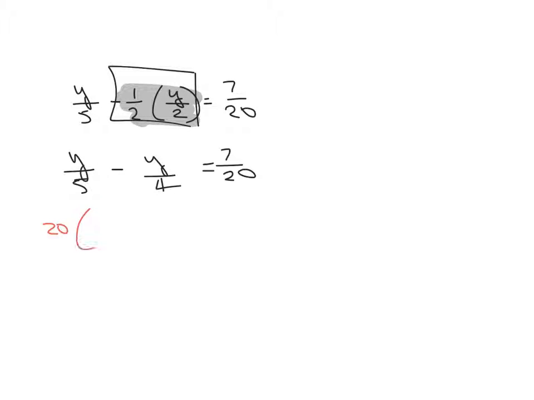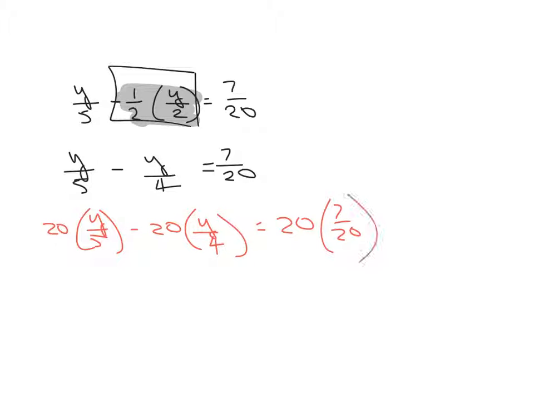In this case, it's 20, so we're going to multiply each of these terms by 20. So this is going to be 4y minus 5y equals 7. That made it a lot simpler.